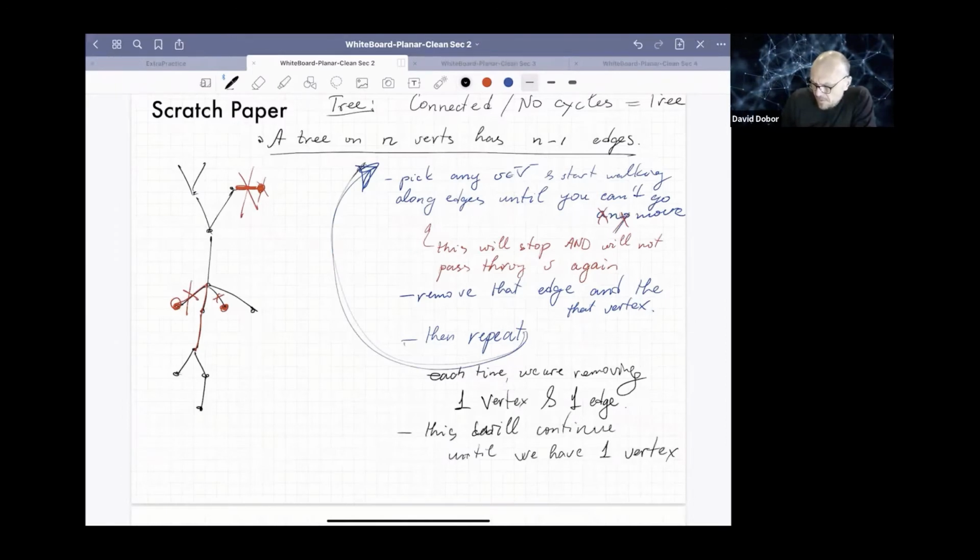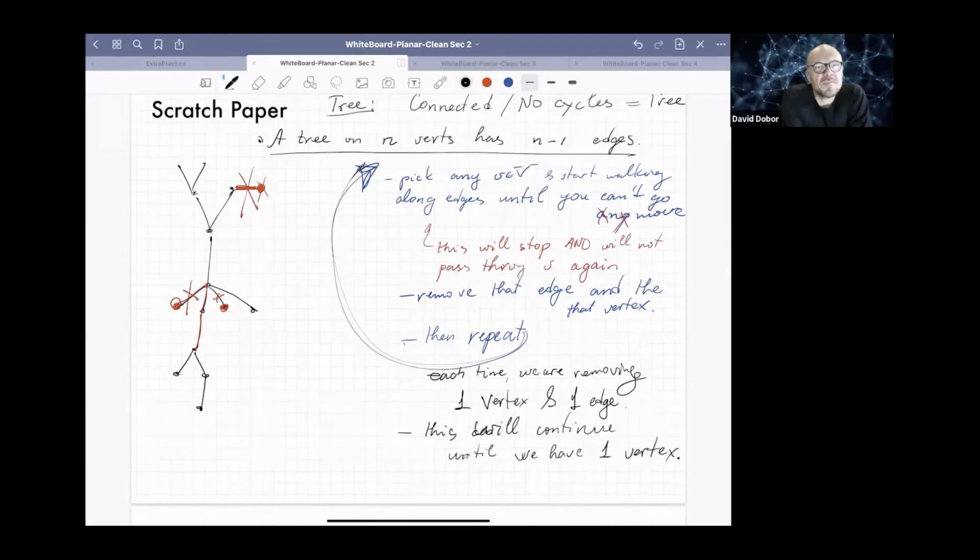So help me complete the proof. I'm repeating some process which allows me to eliminate one vertex, one edge. Next time, one vertex, one edge, one vertex, one edge, until I'm left with one vertex. So I'm removing the same number of vertices and edges, and I'm left with exactly one additional vertex.